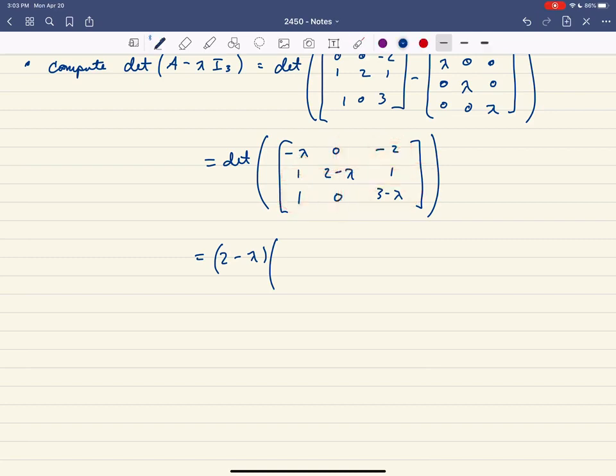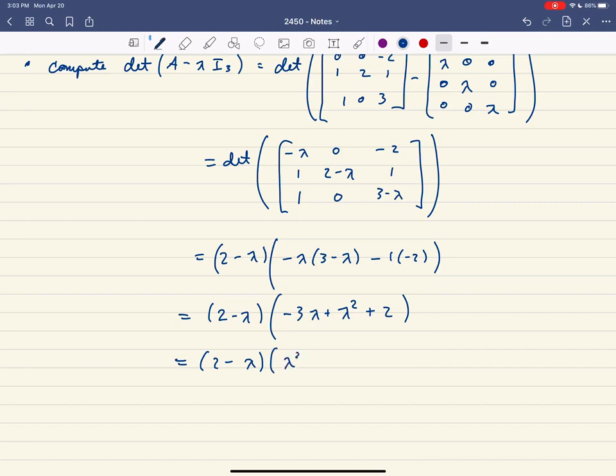So the determinant of that is negative lambda times 3 minus lambda minus 1 times negative 2. And this works out to be 2 minus lambda times the quantity negative 3 lambda plus lambda squared plus 2. So this is 2 minus lambda times lambda squared minus 3 lambda plus 2.